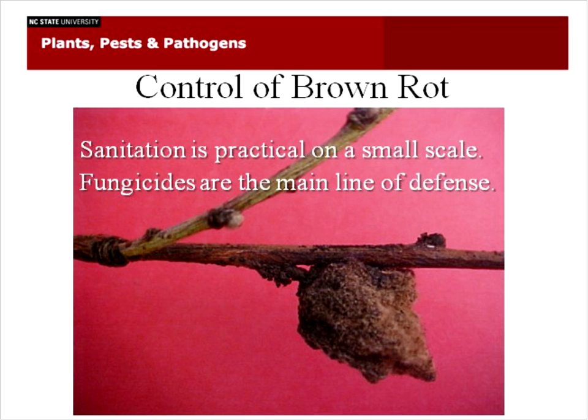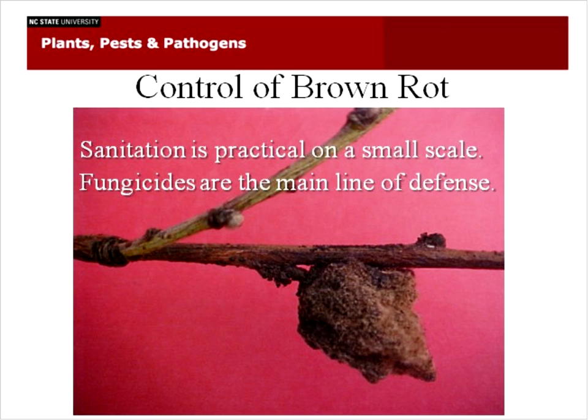For brown rot, on a small scale, if you only have a few trees and you can be pruning out the mummies and the dead twigs, sanitation is practical. Or next to your orchard, you may have some Prunus species growing wild that you can remove and keep away from the area. Those would be helpful strategies, but really the main line of defense here are the fungicides.